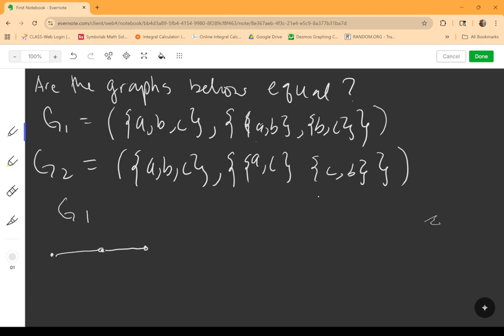Well, maybe we're not after equality. If I draw these graphs, one possible version of these graphs looks like this.